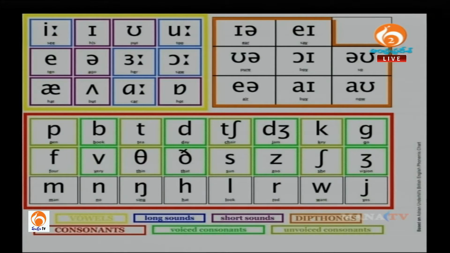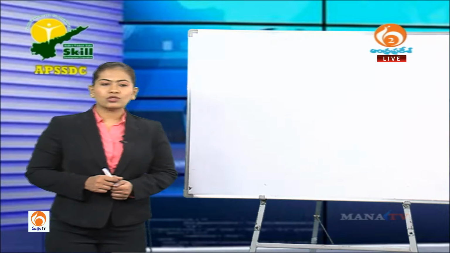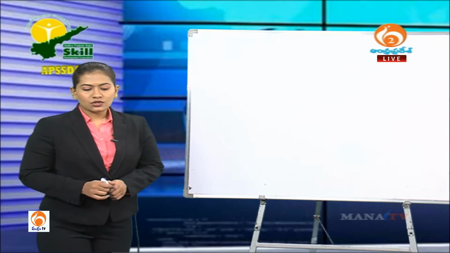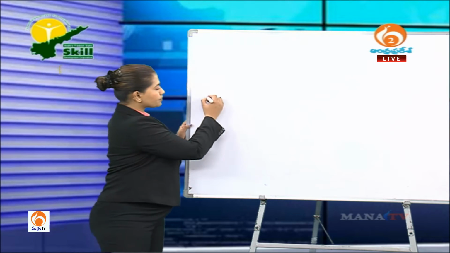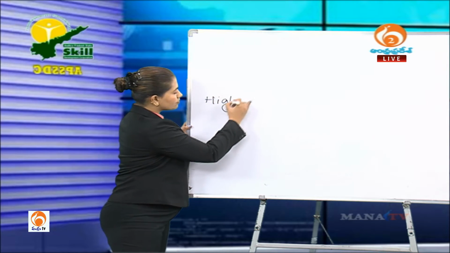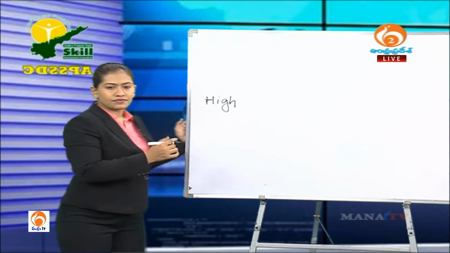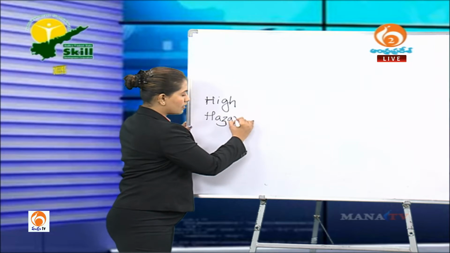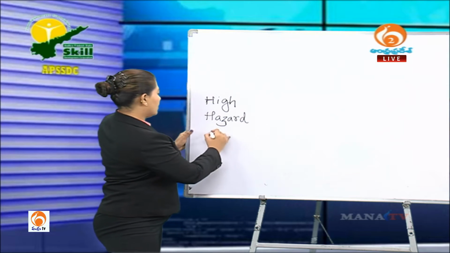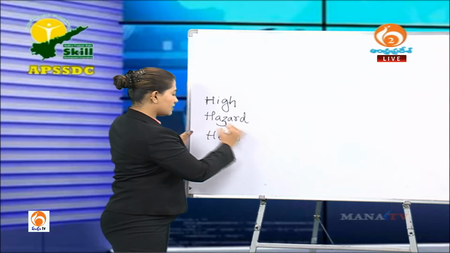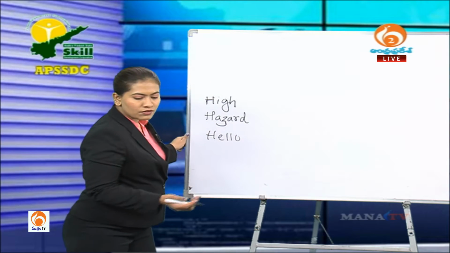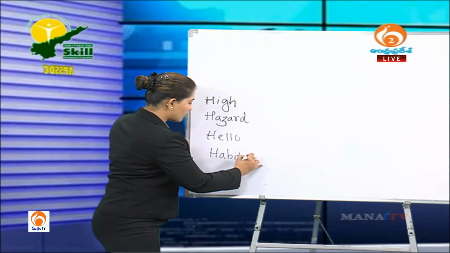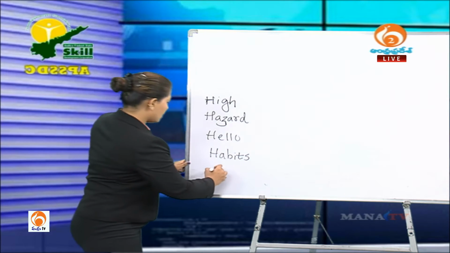Let's look at the examples that I will be writing here on the board to better understand the H sound in particular. The words are high, hazard, hello, which again has an H sound, and if I have to be more specific with a few examples, habits, here.